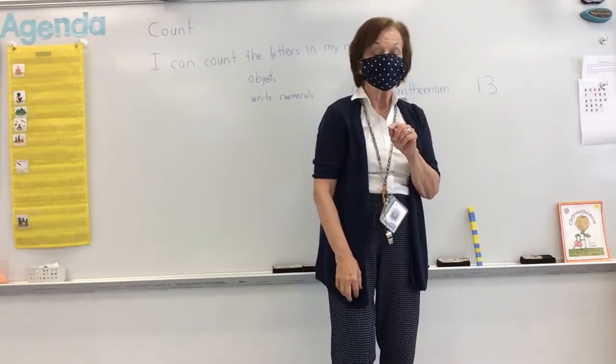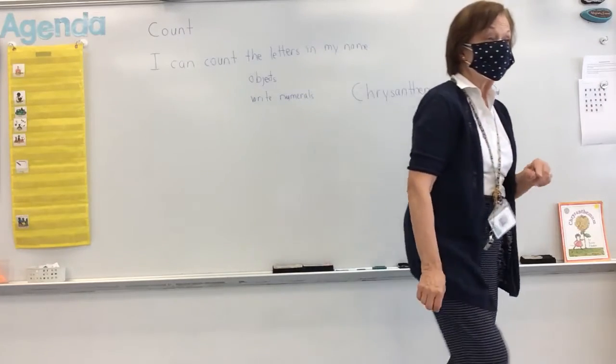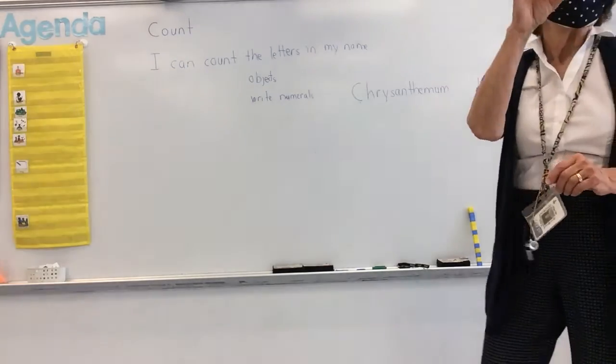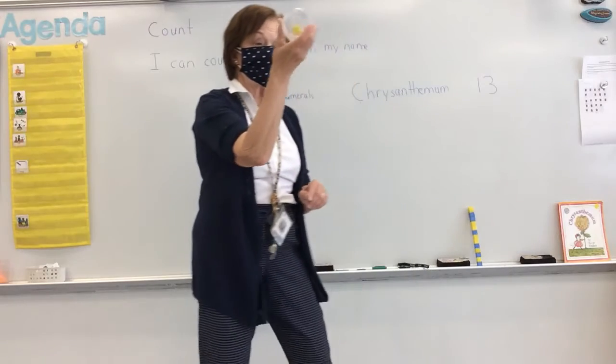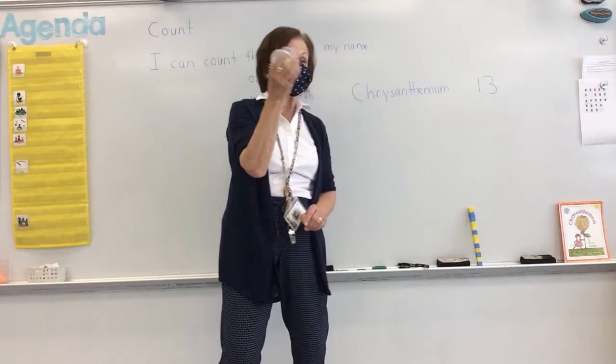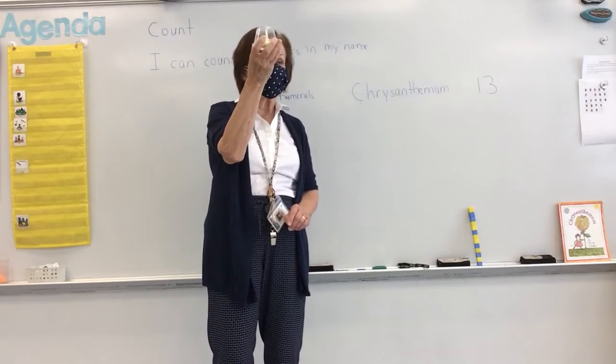So today, during your work time, you're going to do that with your name. Then, you're going to take a cup that you have that has a dot die in it, and you're going to get to use that. We're not opening our desk yet. We're going to do this one step at a time.